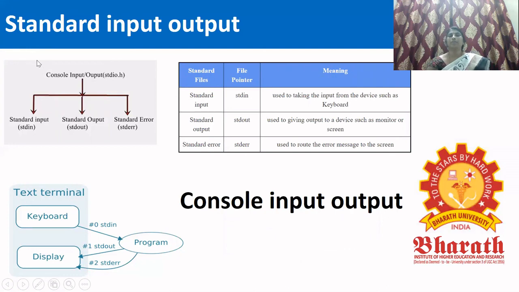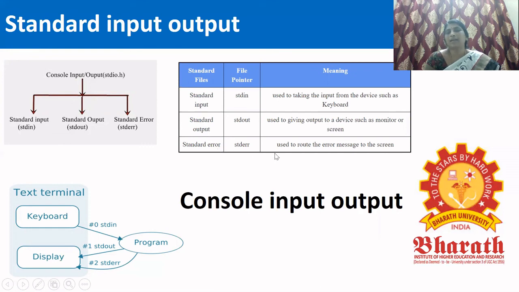The standard input output used in C language is stdin, stdout, and stderr. Stdin is used to take the input from a device such as the keyboard. Stdout gives output to the monitor, that is the console screen.